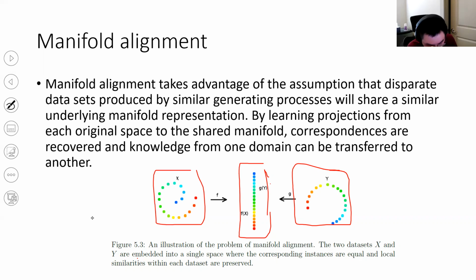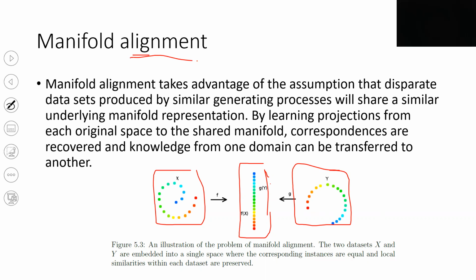Would a possible one be for maps and navigational surfaces? When you say alignment, you have two different data sets. So what's your data set one, A and B?